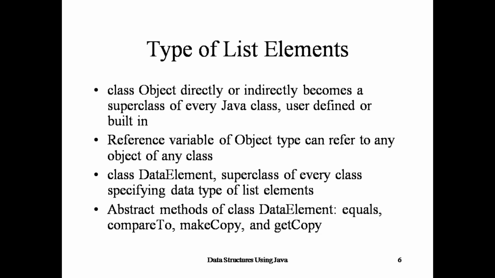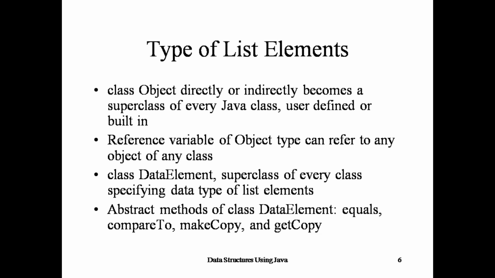This method is used to compare two objects. It will return a value less than 0 if this object is less than the object otherElement. It returns 0 if this object is the same as the object otherElement. It returns a value greater than 0 if this object is greater than the object otherElement.